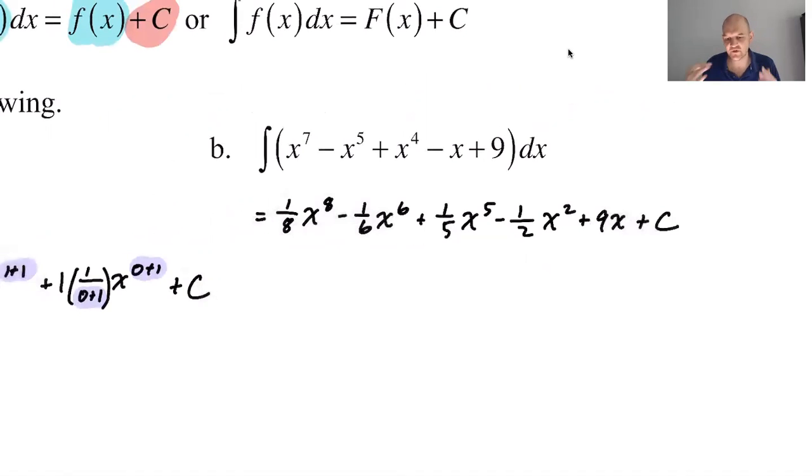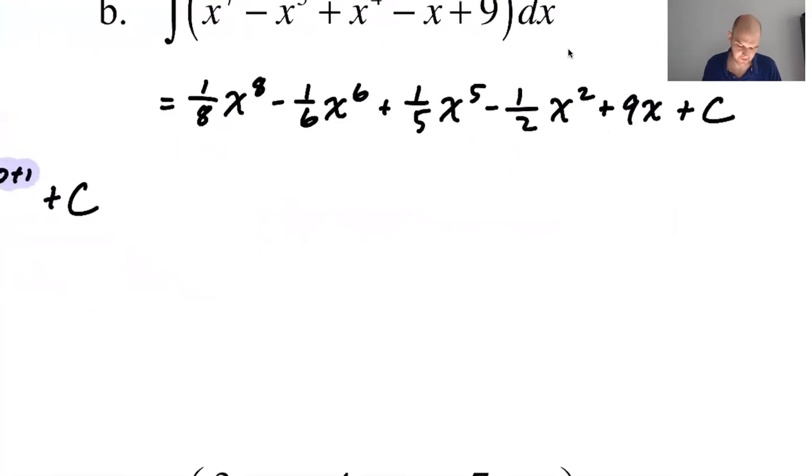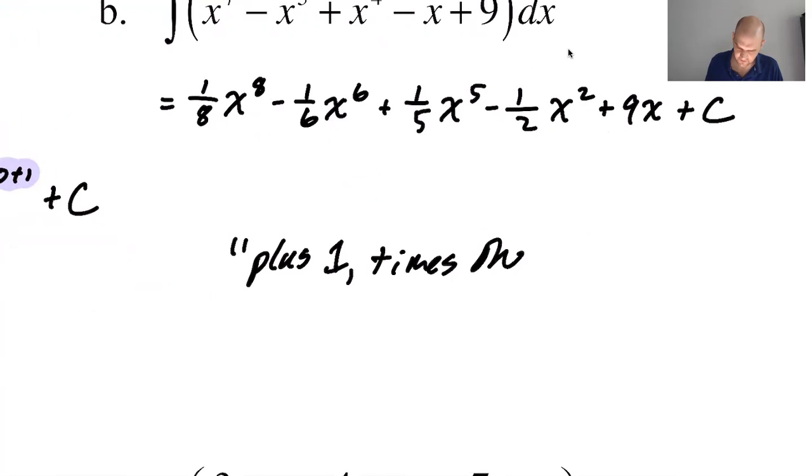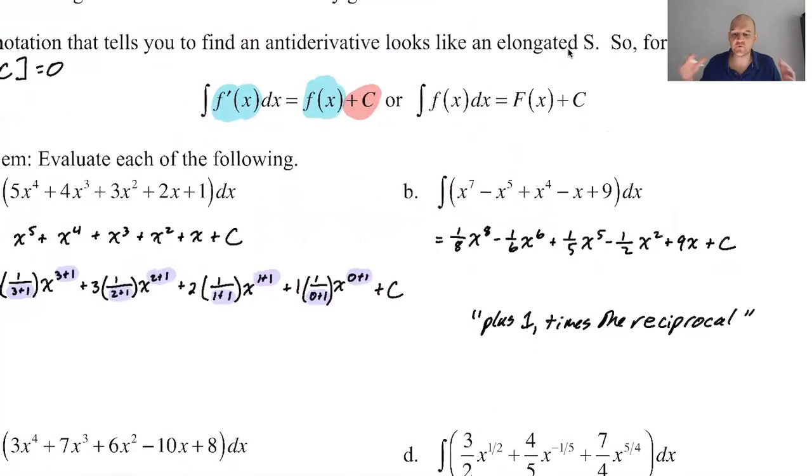So we're doing plus 1 times the reciprocal. I basically say it all the time. Plus 1 times the reciprocal. That's how we're going to reverse the power rule.